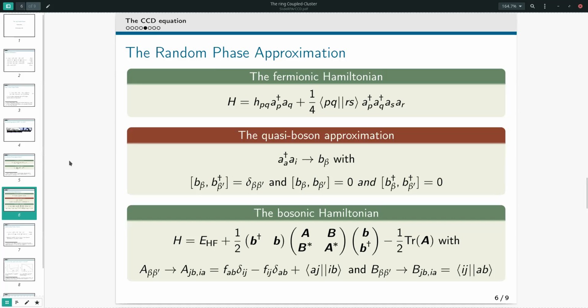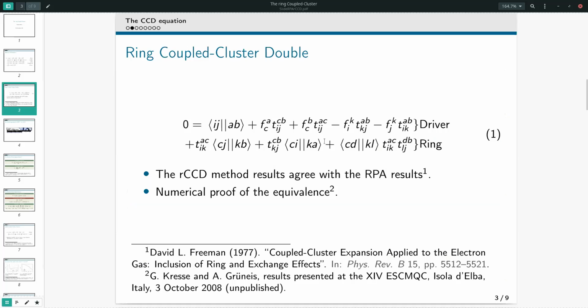And so they prove that if you put this equation in a matrix form, you can show that it is exactly the same method. And so they proved what has only been numerically observed before.